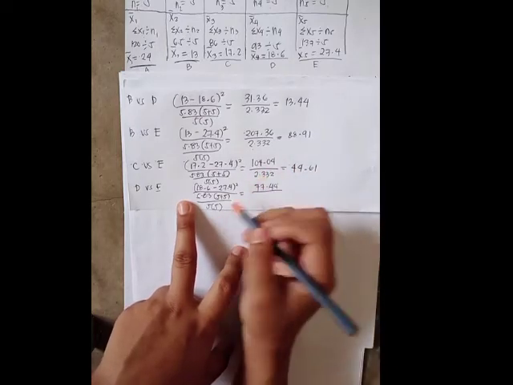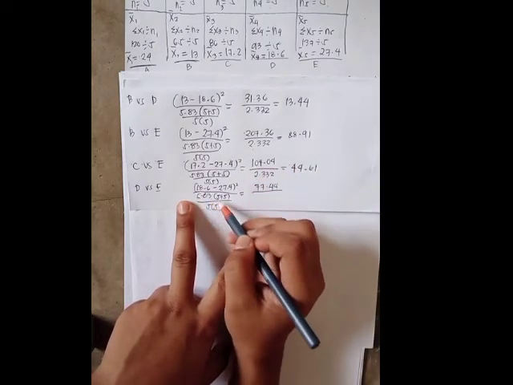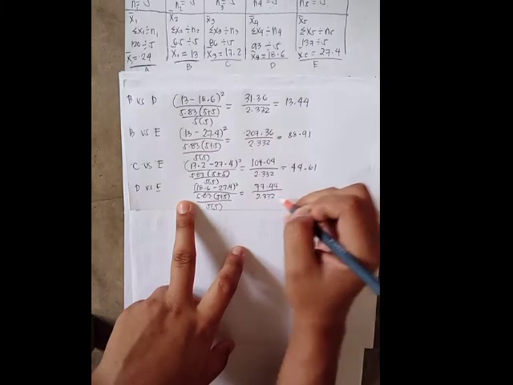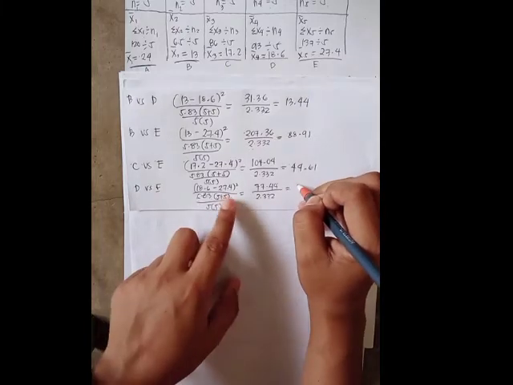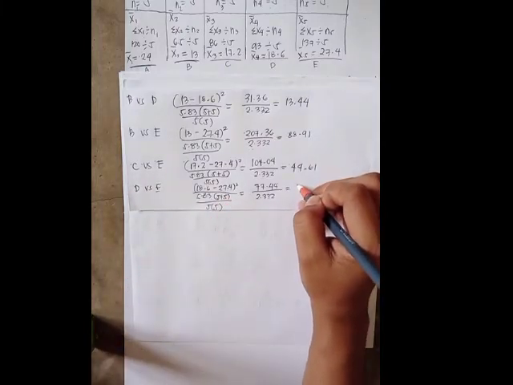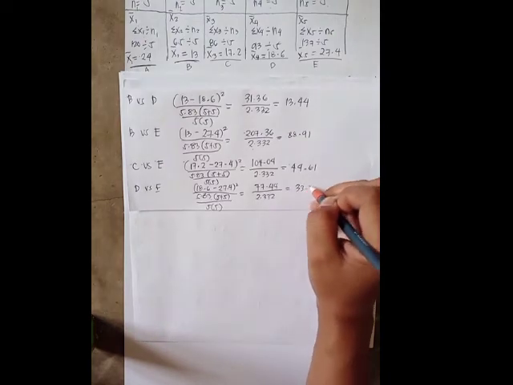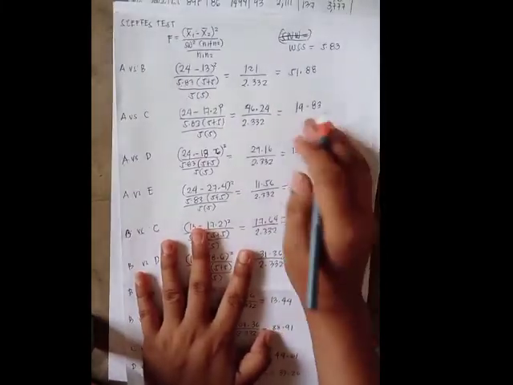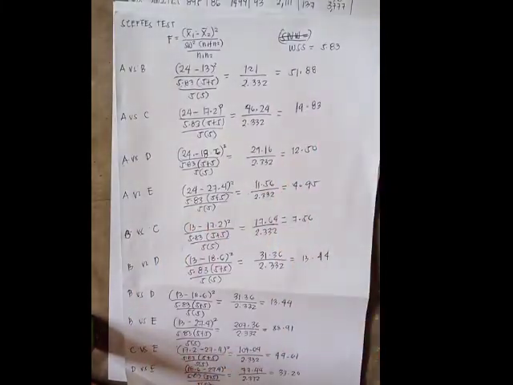And divided with our 5.83 times 5 plus 5 is 10, divided by 5 times 5 is 25, 2.332. So it will be equal to 77.44 divided by 2.332 is 33.20. So here it is, our Scheffe's test.